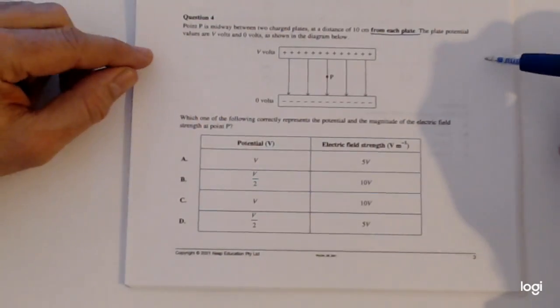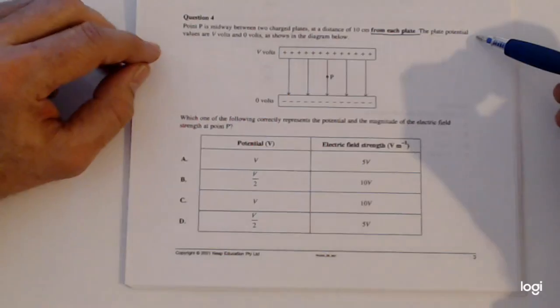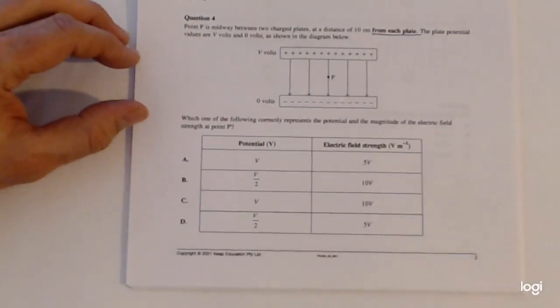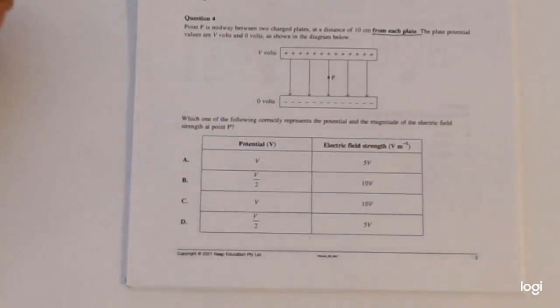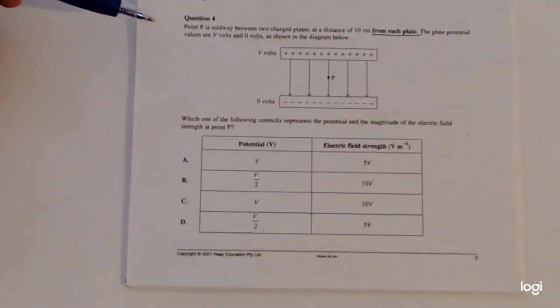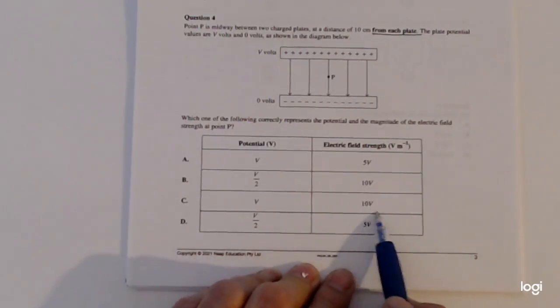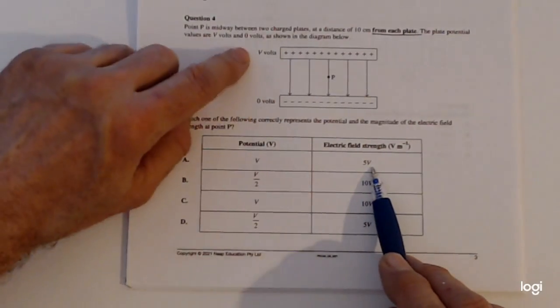All right. The plate potential values are V volts and 0 volts as shown. Which one of the following correctly represents the potential and the magnitude of the electric field strength at point P? Okay, this is not an easy question. Before we go any further, these figures don't mean 5 volts or 10 volts. That means 5 times whatever V is.